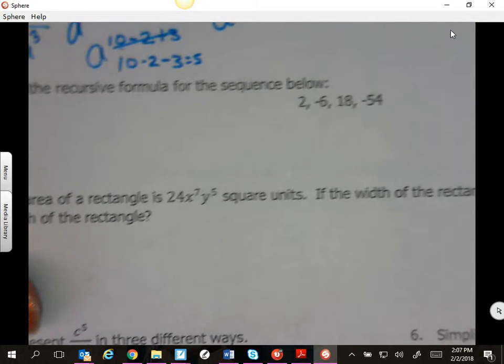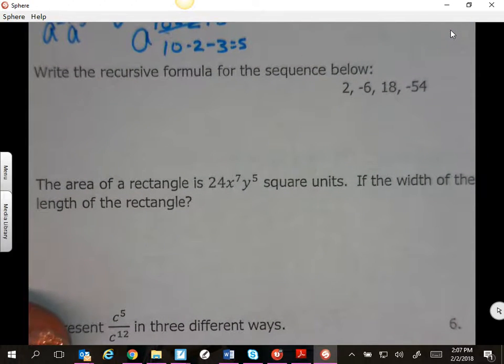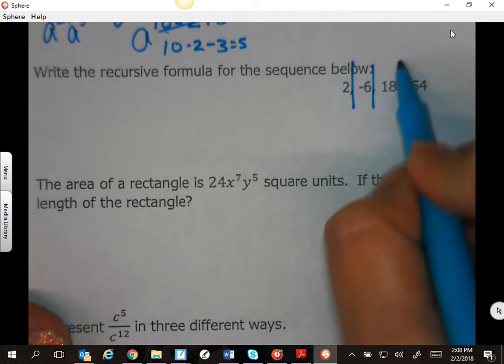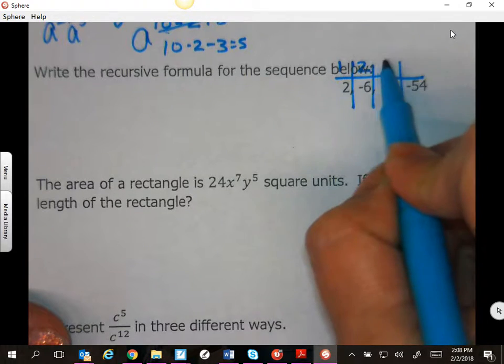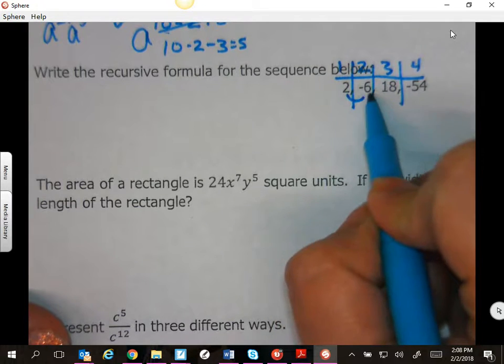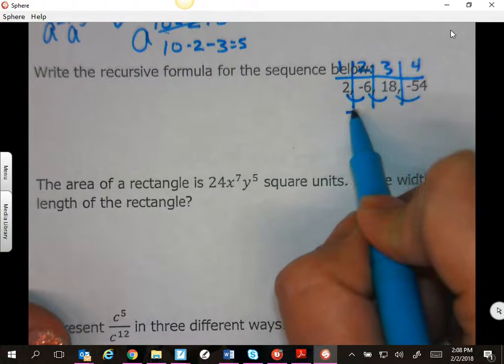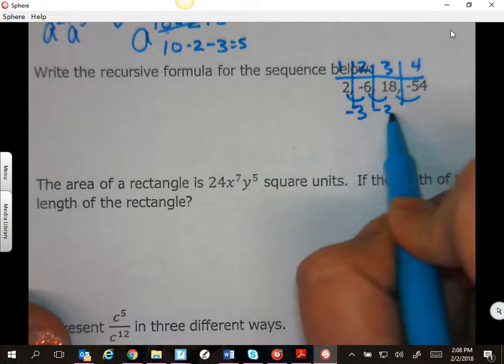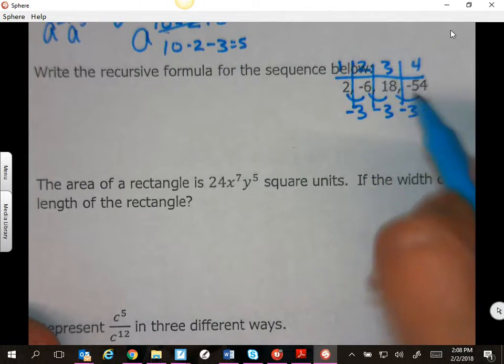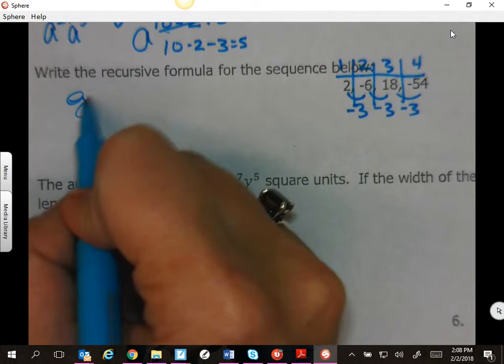Sequences, it's a blast from the past. You need to remember when we do sequences that we are actually starting with 1, not 0. And you are looking for a pattern. So this is times negative 3. So since we're timesing, that means that this is a geometric sequence.